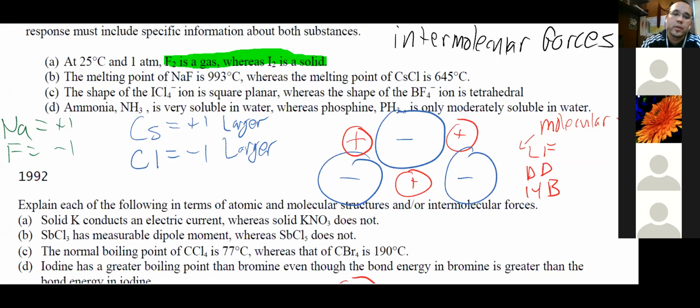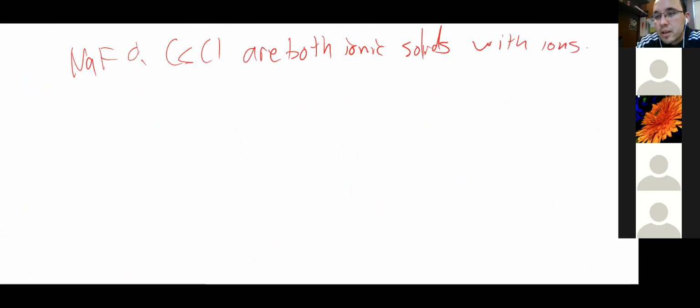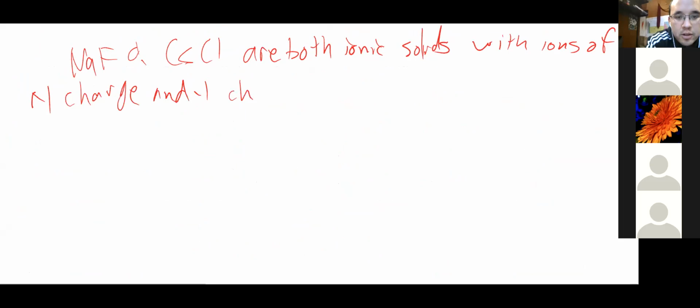Weaker, right? And so if you wanted to do that explanation, you could say something like sodium fluoride and cesium chloride are both ionic solids with ions of +1 charge and -1 charge.